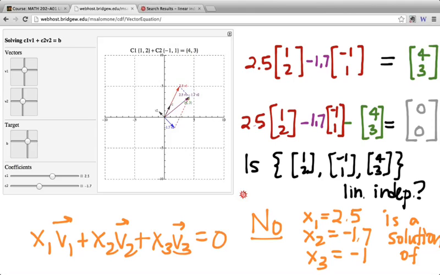And what's important about this particular solution? Zach already said it. They're not all 0.